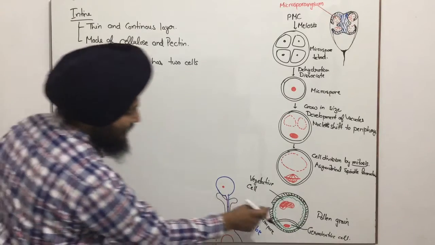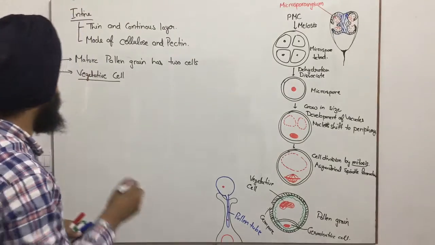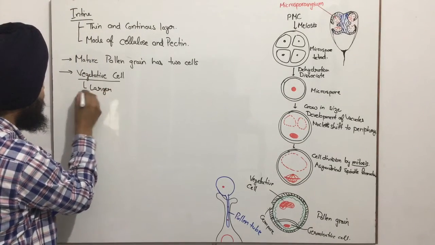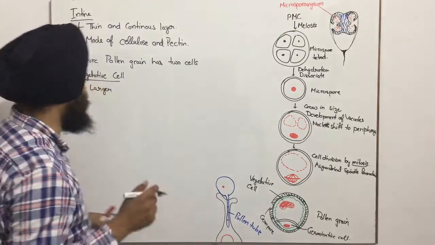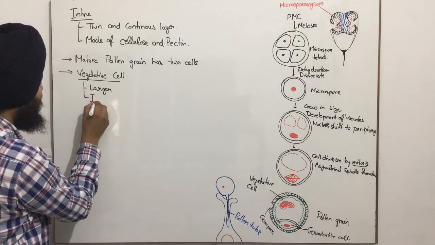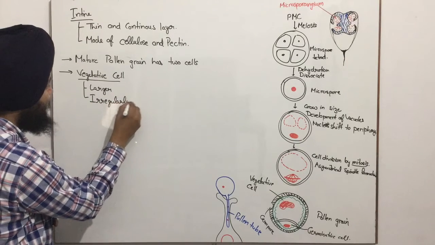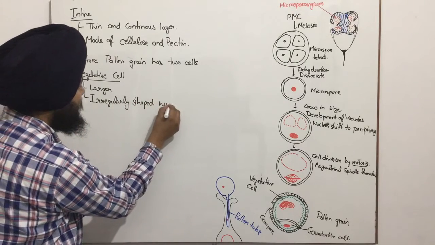As we can see here, the vegetative cell is the larger one. So it is larger and the nucleus of the vegetative cell is irregularly shaped. So it has an irregularly shaped nucleus.